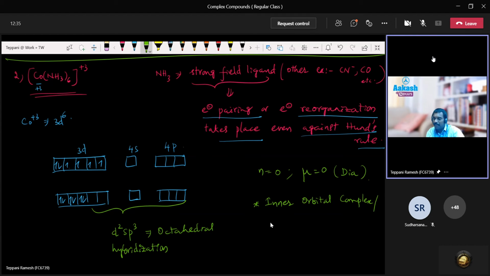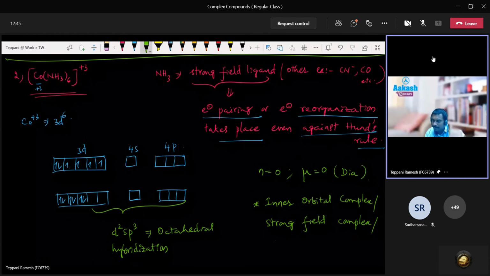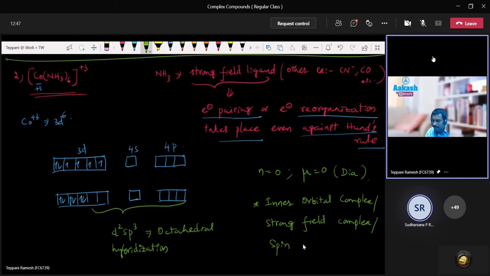Strong field or weak field? Strong field complex. Spin paired complex.